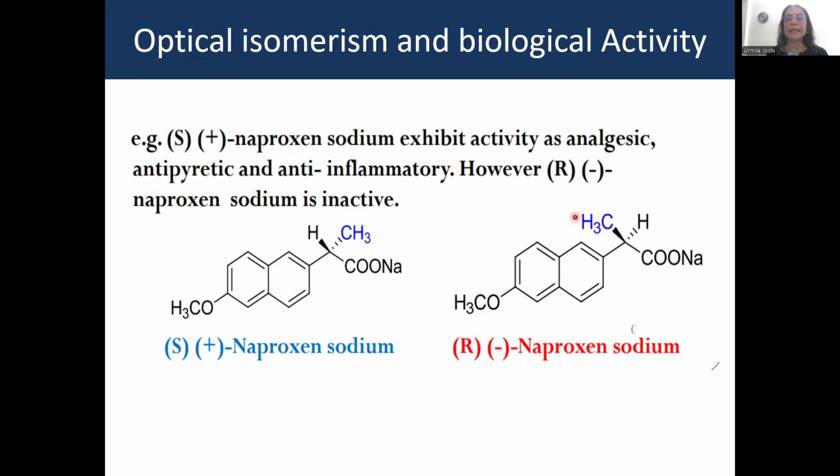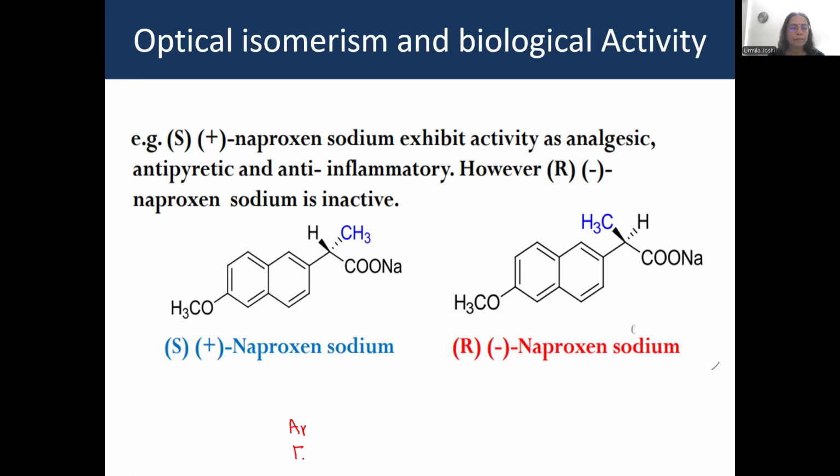Previously naproxen used to be administered as a racemic mixture of S and R compound, but now it is administered as S naproxen.